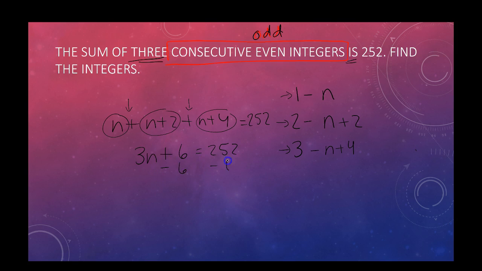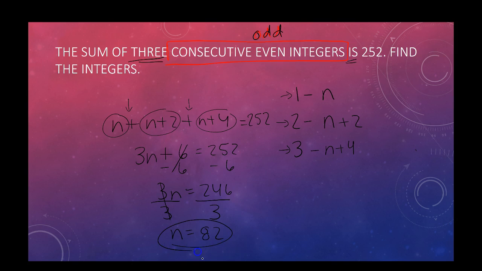Okay, so let's subtract the 6. And I get 246. Divide by the coefficient of 3. I get 82.